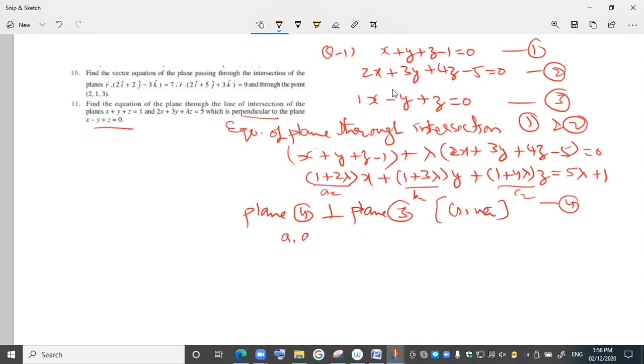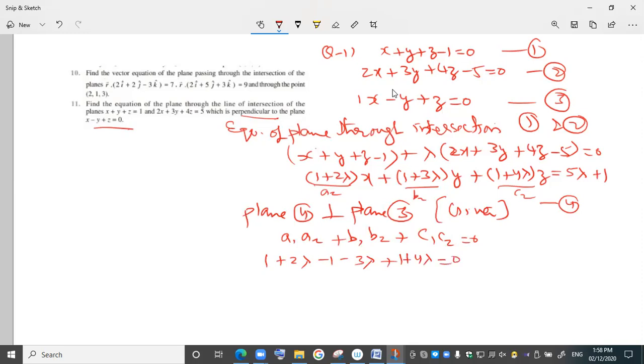So our condition will be A1 A2 plus B1 B2 plus C1 C2 equal to 0. So 1 into 1 plus 2 lambda, minus 1 into minus 1 minus 3 lambda, and 1 into 1 plus 4 lambda is equal to 0.